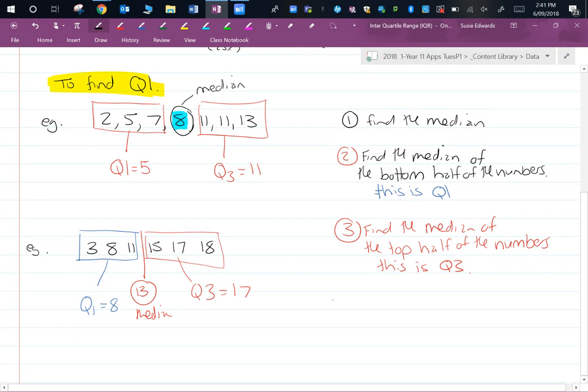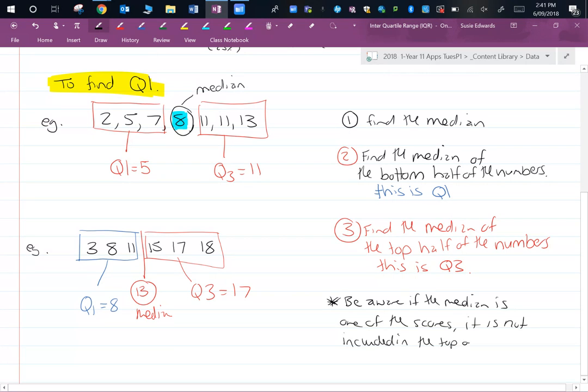Now, just be aware, if the median is one of the scores, it is not included in the top or bottom half.